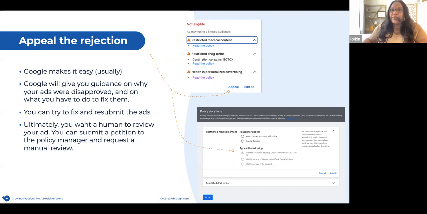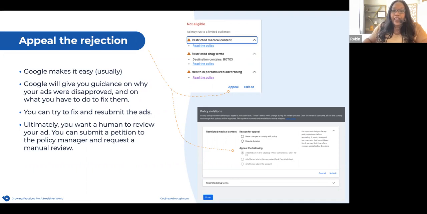As I said, sometimes Google may let your ad run for a little bit because it didn't necessarily listen to your video or go to your landing page yet. But this ad in particular was rejected because of the medical content. The landing page said Botox, and that word is restricted by Google. And then the ad had "you" and "you're" in it, which is what they call health and personalized advertising.